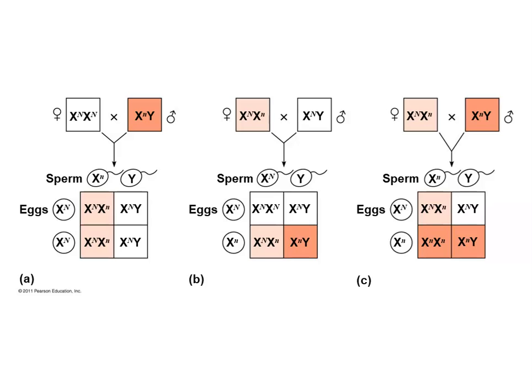So in this particular slide, we have 3 different combinations of parents with alleles that are on the X chromosome. Here in the first picture in A, we have a mother who is homozygous dominant for those alleles, paired with a father who is showing that trait phenotypically. They have a recessive allele on the X chromosome, and when they pass those alleles on to their offspring, because the mother can only pass on a dominant allele, there is no way for any of the offspring to have that recessive allele present itself.